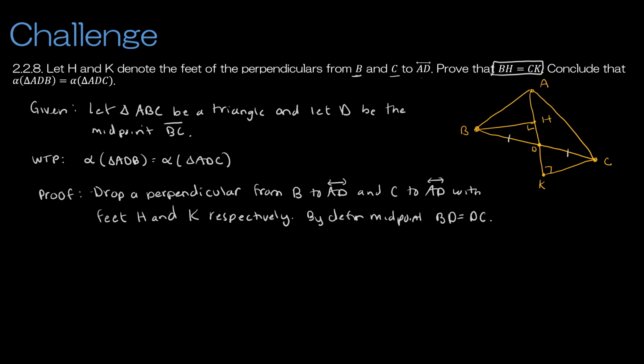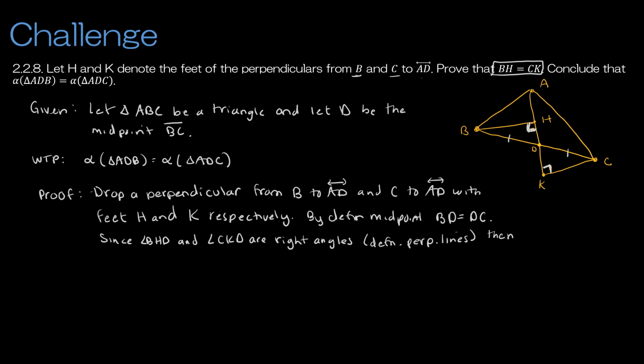Now I can say angles BHD and CKD are right angles. And what reason do I have for that? Because they're perpendicular lines, because I just dropped a perpendicular, so that was the whole point.